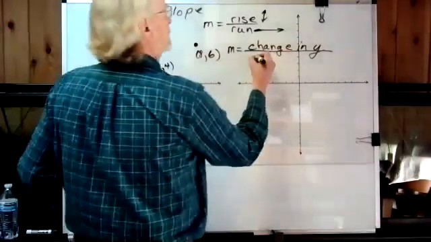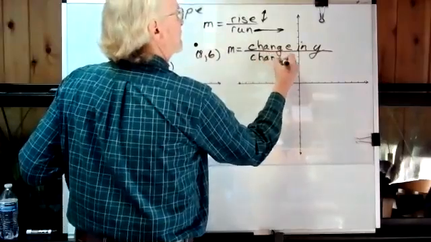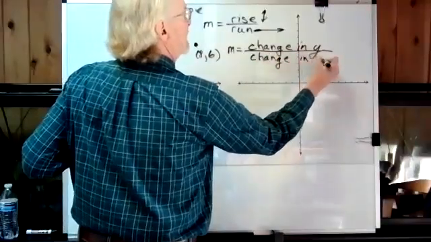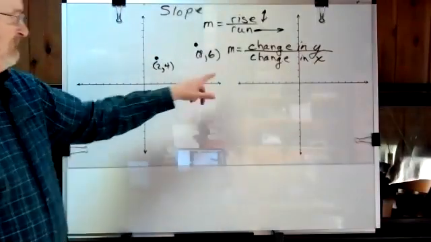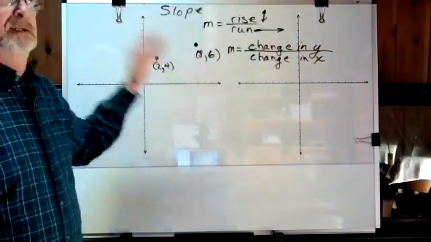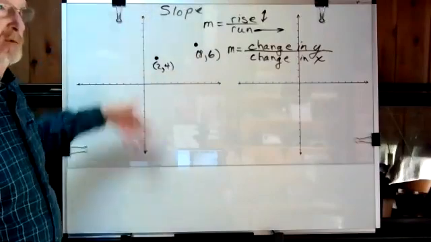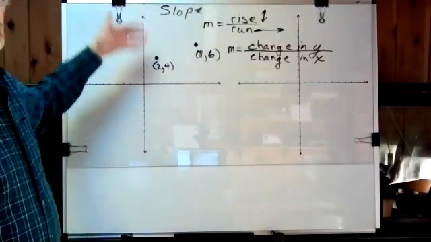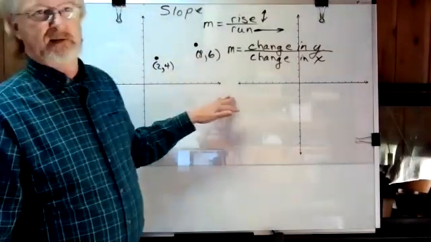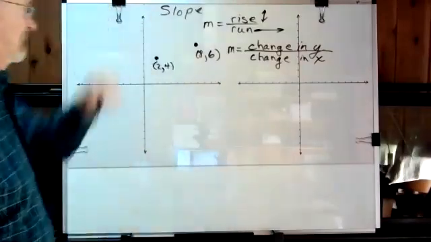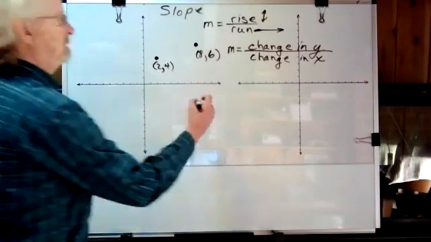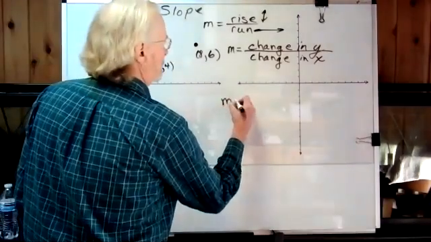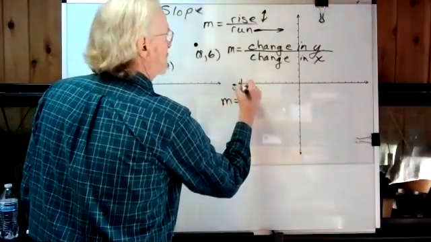And the run is the change in the X value. In a word problem context, this might be time and cost or something, but still it's basically the change in the vertical quantity over the change in the horizontal quantity, whatever the units might be. All right, so then we get what we call our slope formula.